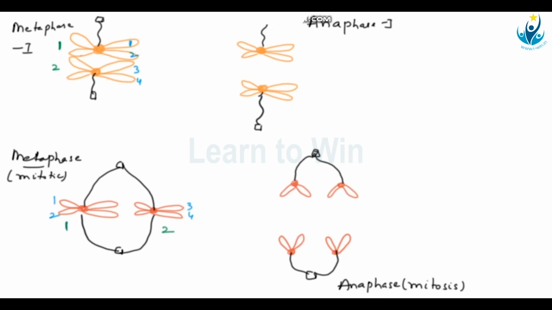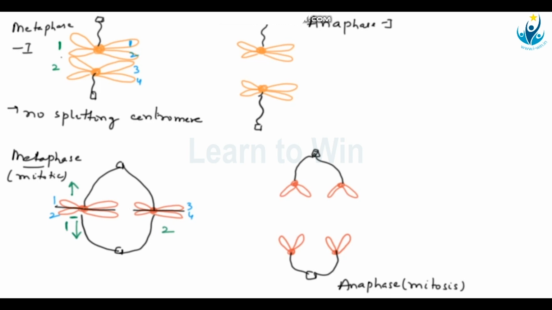Well, in anaphase 1, when the bivalents are getting separated into the univalents, first of all, there will be no splitting of the centromere. You will see that in mitosis, when this chromatid is pulled in this direction and this chromatid is pulled downwards, the centromere will split into 2.